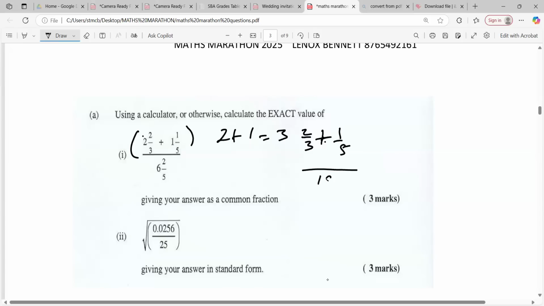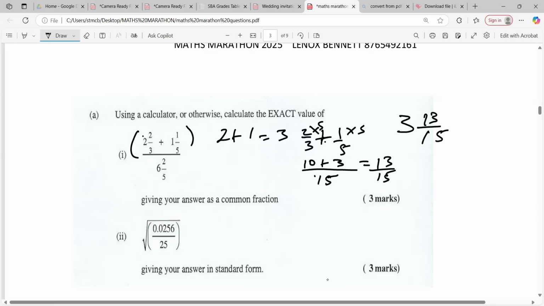LCM is going to be 15. 3 into 15, 5. So 5 times 2 is 10. 5 into that, 3. So that would be 3. So this gives us 13 over 15. But we can convert it to one big sum, right? Because the entire number would be 3 and 13 over 15.